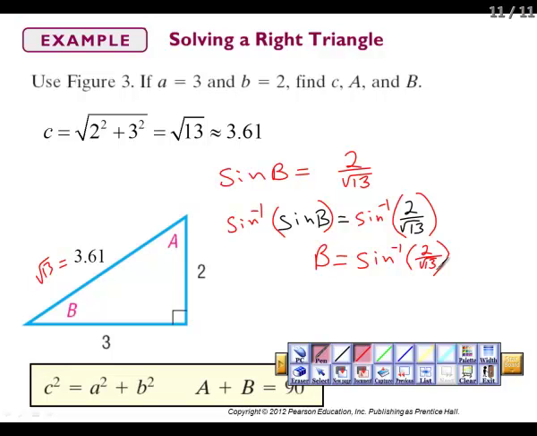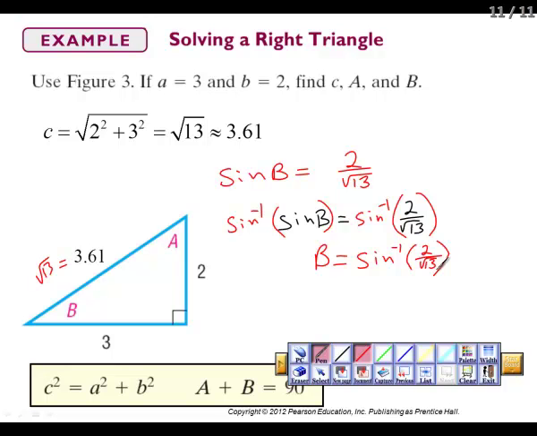And since we want our angle in degrees, we want our mode to be in degrees. Okay, so this will be second and inverse sine. And we're going to put in here 2 over the square root of 13.